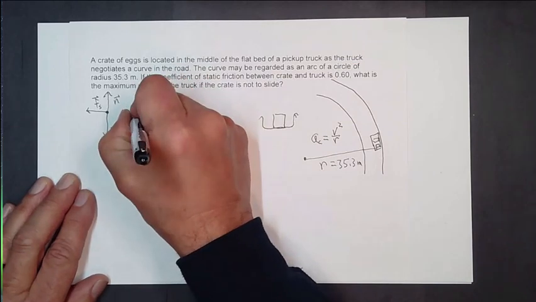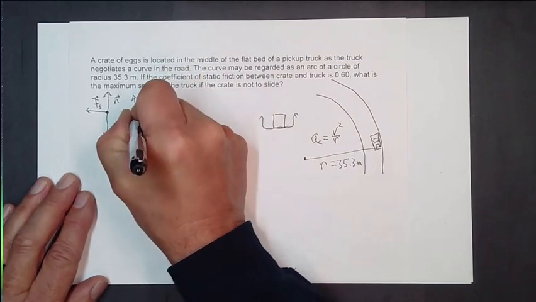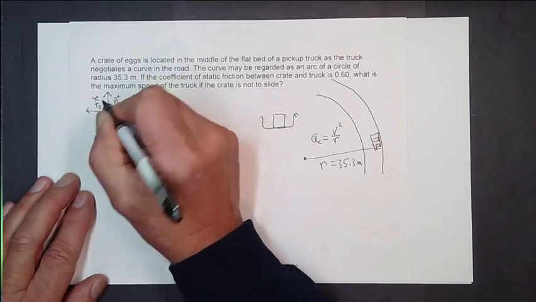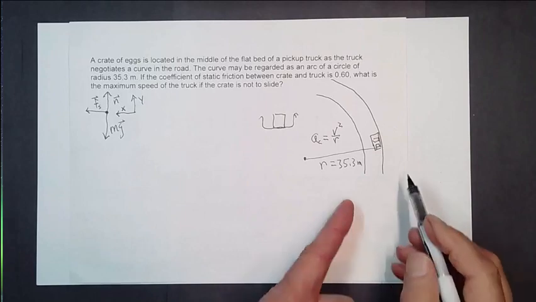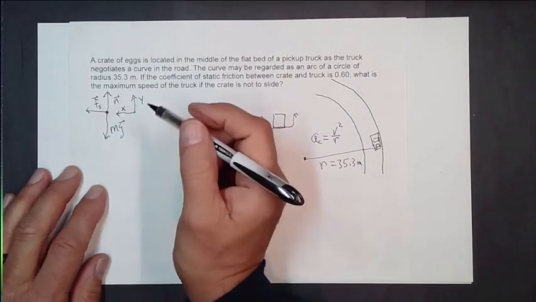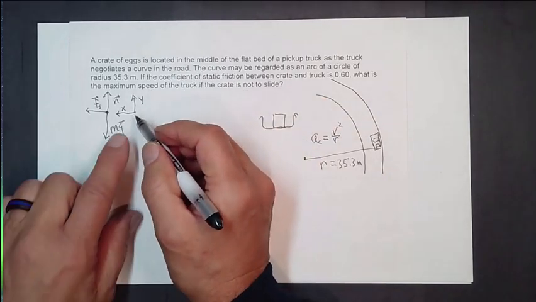If I have y pointing up, and I'm going to let x point to the left. I don't know why I always tend to draw curve situations and downhill situations where I end up with x pointing to the left, but it's just the way I do things, I guess.